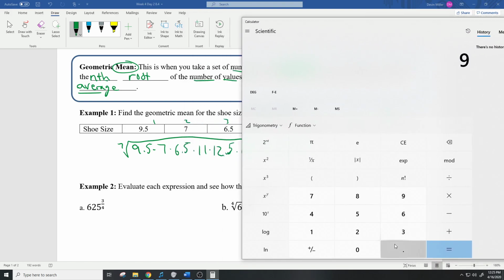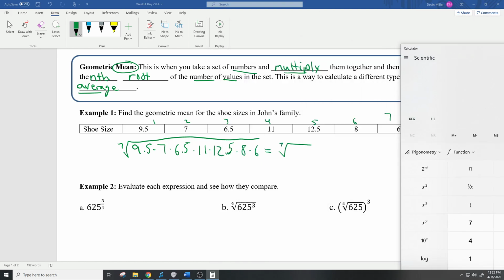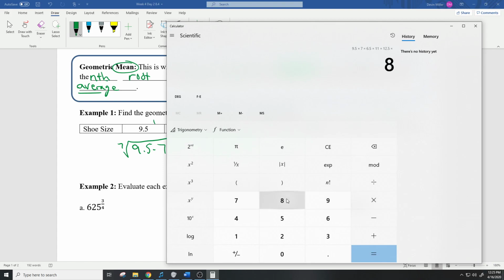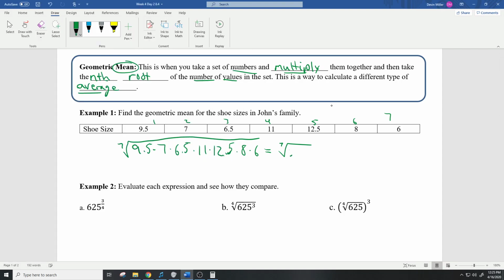So 9.5 times 7 times 6.5 times 11 times 12.5 times 8 times 6, right? That equals a pretty big number.